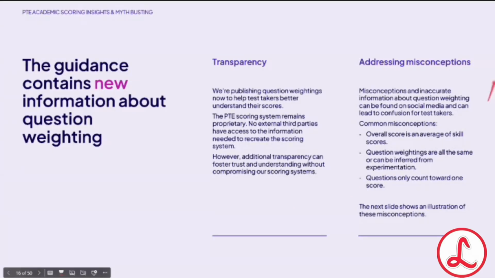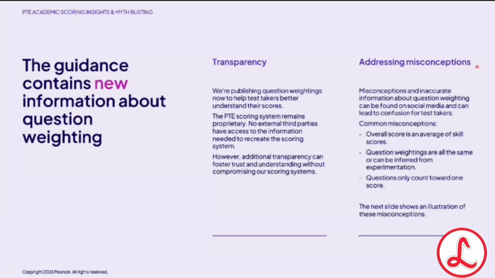One of the other reasons that we are releasing the information is because I've actually seen quite a lot of misconceptions and inaccurate information about how question types are weighted circulating online. A lot of this is in social media spaces. People will post that they think they've figured out the question weightings in PTE Academic, as if they've cracked a safe and figured out some information that we didn't want to release.